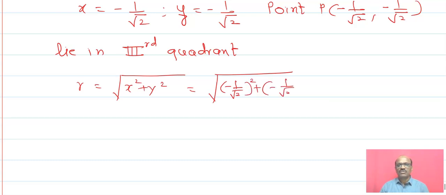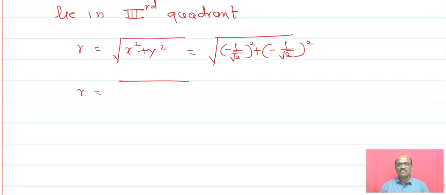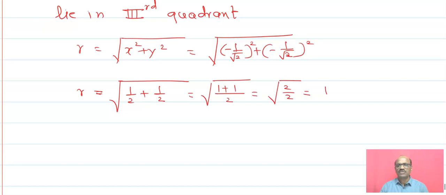R is equals to root of x square plus y square, that is minus 1 upon root 2 square plus minus 1 upon root 2 square, then you will get 1 upon 2 plus 1 upon 2. Therefore r is equals to 1.